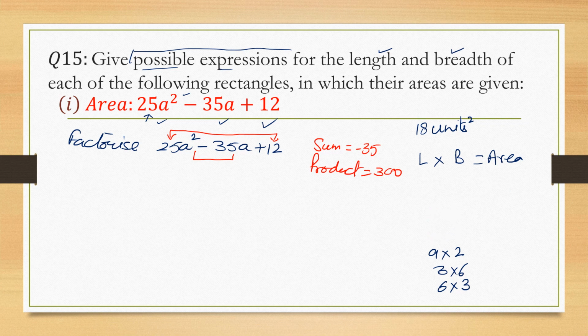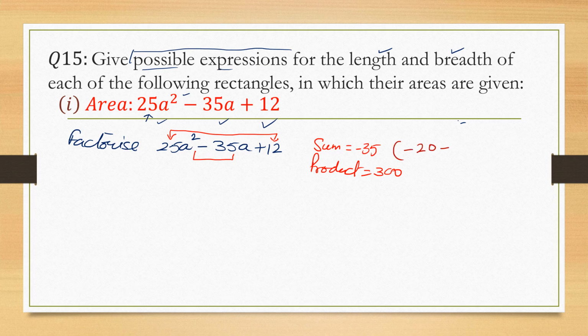They must have told you. You just have to revise. Right, now let me erase these so that I get the space to write the factors. So now minus 20 minus 15 is minus 35 and minus 20 into minus 15 is 300.